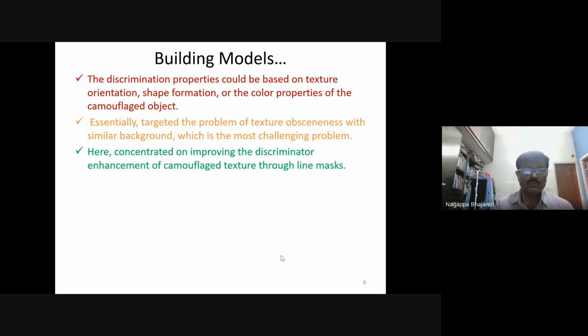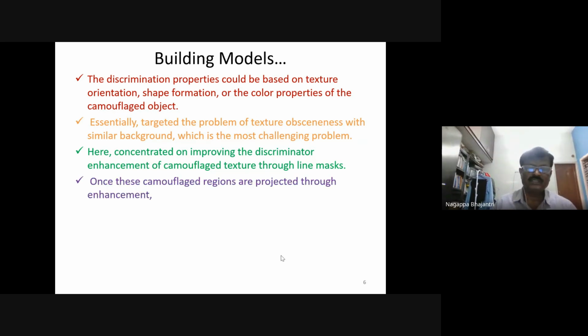So we concentrated on improving the discriminatory enhancement of camouflage texture, where the texture can be discriminated via a line mask statistical effort. Once identified, it is projected through the enhancement.